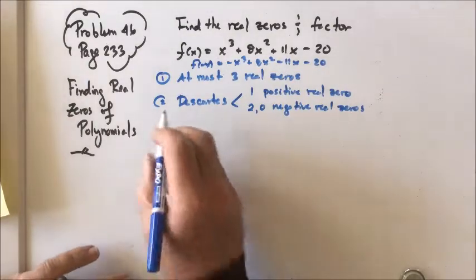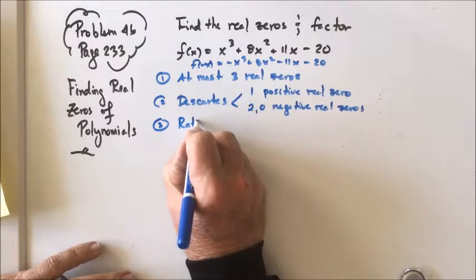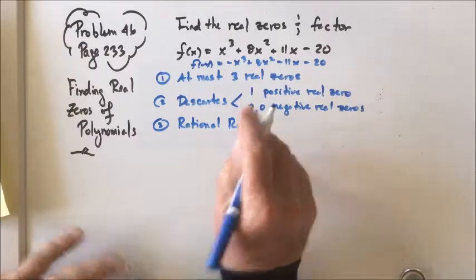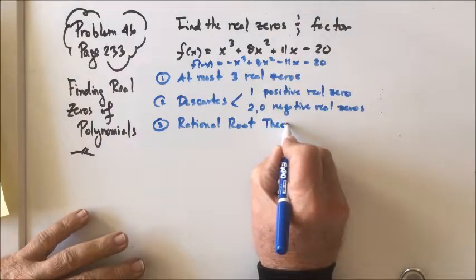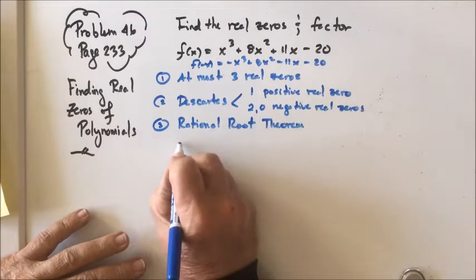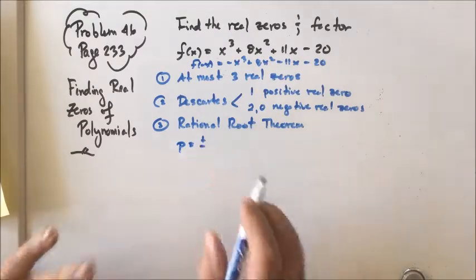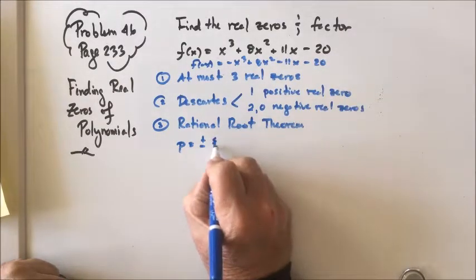So let's move on. Let's go ahead and now use the rational root theorem to find all the candidates of the rational roots. In order to do that, I'm going to say that p, which is the numerator of the potential rational roots, is among the factors of 20.